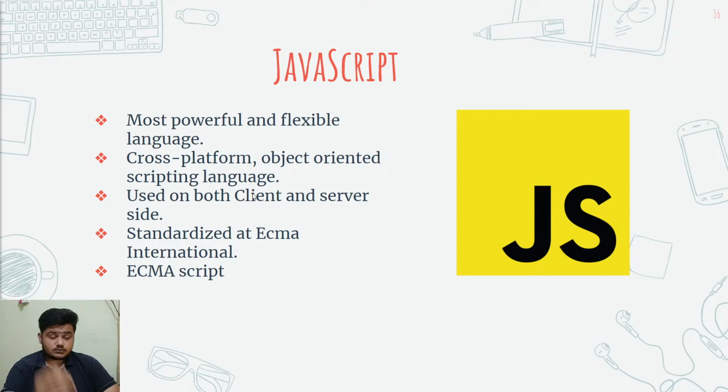So this explains that JavaScript can be used on both client side and server side, because there are versions of JavaScript like Node.js which we use on the server side of web development.